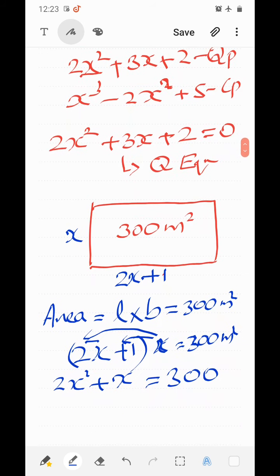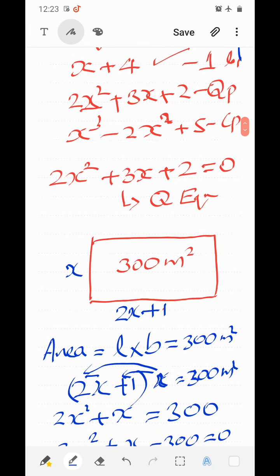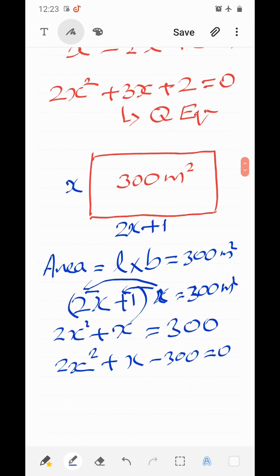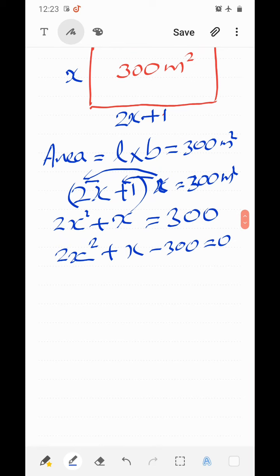Okay, so we got 2x square plus x equal to 300. So this now is a quadratic equation. Yes, if you rearrange this, 2x square plus x minus 300 is equal to 0. This is a quadratic equation. We set up a quadratic equation from a given situation.